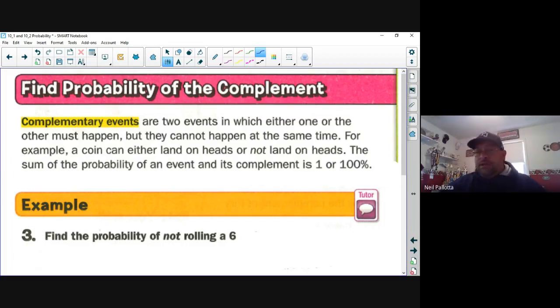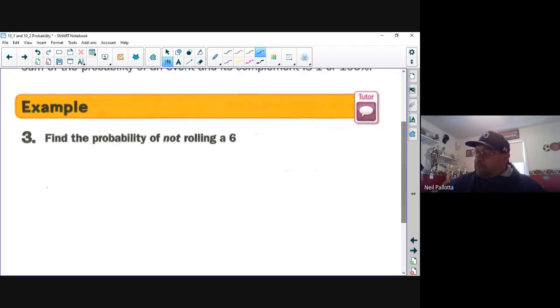All right. Let's take a look at a problem. We want to find the probability of not rolling a 6. So we want the complement of rolling a 6. The probability of not rolling a 6. Well, how many not 6s are there?